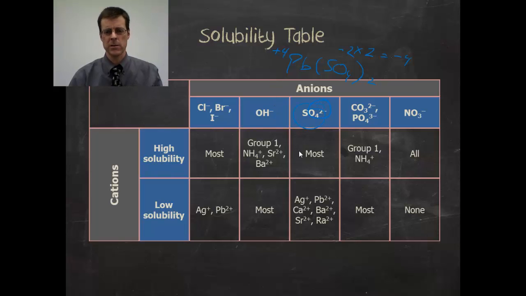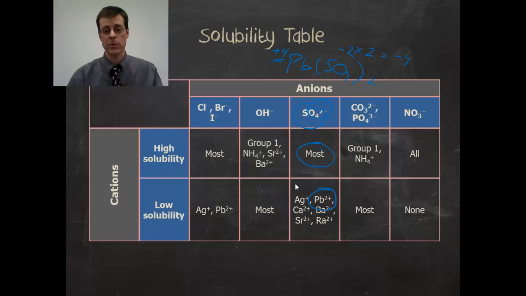All right, so here's my SO4. Most have high solubility except this list. Well, here's Pb 2+, but I'm looking for Pb 4+. Now, it's possible that Pb 4+ could be in this list and it wasn't written down. That's possible. But based on the information that I have right now, I don't see lead 4+ in the bottom list.